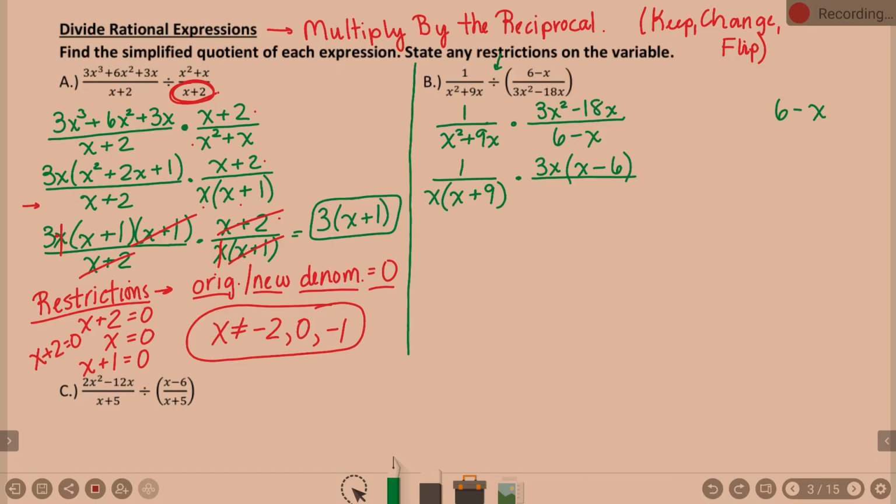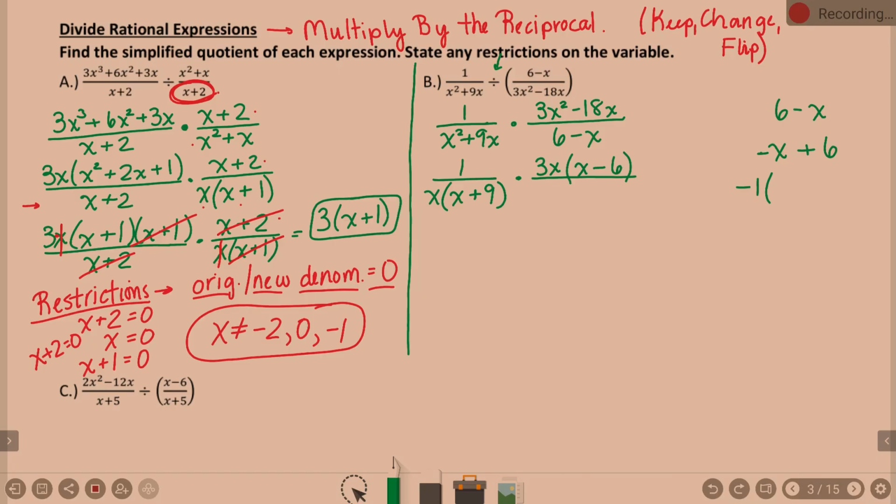This is a negative x and a positive 6. Okay, so if I think of that as a negative x and a positive 6, there's not really anything in common other than this first value is negative. What could we factor out here?